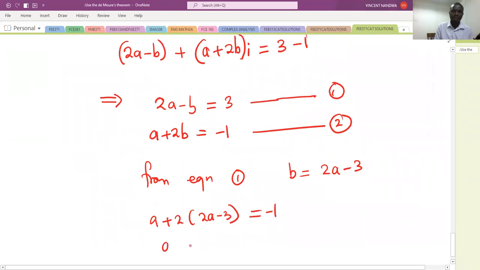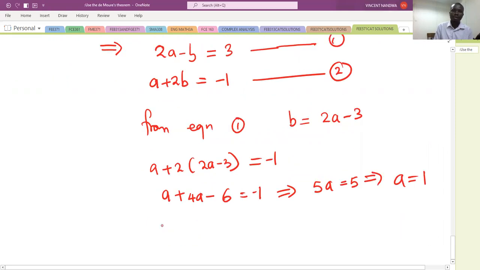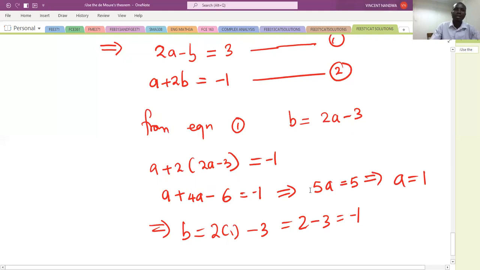So A plus 4A minus 6 equals -1, which means 5A equals 5, which tells us that the value of A is 1. Now when A is 1, B equals 2 times 1 minus 3, which is 2 minus 3, which is -1. So the value of A is 1, the value of B is -1.